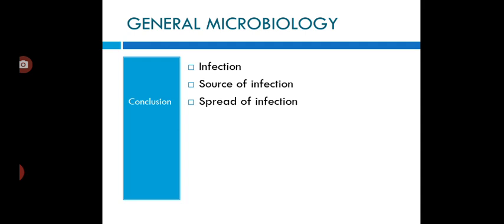infection that is occurring from outside the person's body, not from the normal flora, is called exogenous infection. And this exogenous infection can occur from various sources, either a human or a carrier. A carrier is a person who harbors or carries the pathogenic microorganisms in their body without showing any signs and symptoms of having the microbial infection.